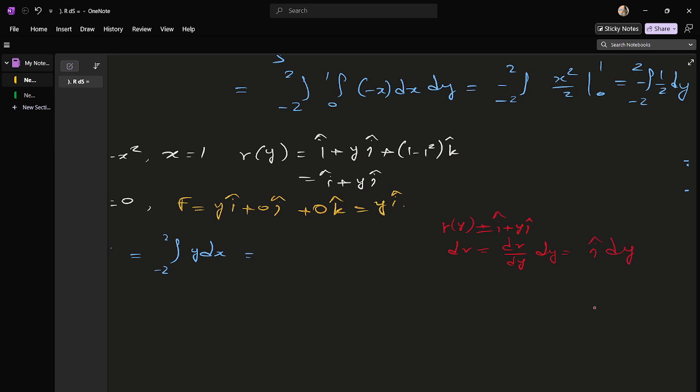So the vector field along del S is F equal to y j cap.